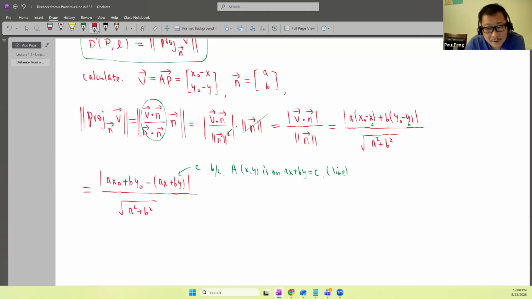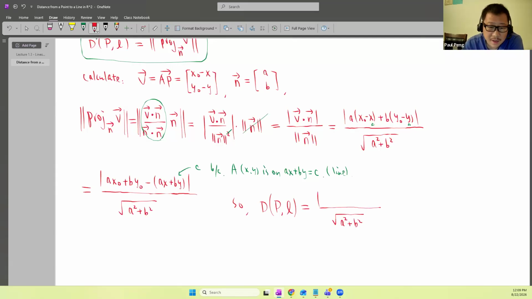So we have the formula, the distance formula. The distance from the point to the line equals, finally, the square root of a squared plus b squared in the denominator.